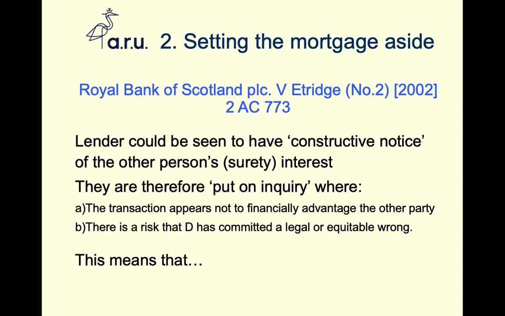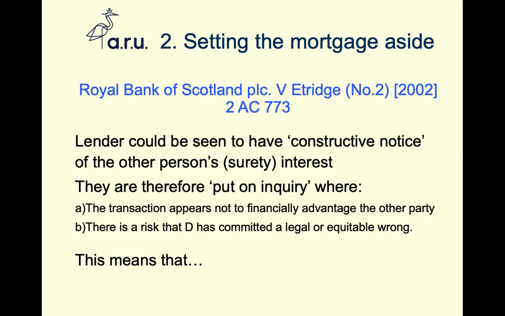Where they see two people needing to sign a mortgage, or more than one party, they are therefore put on what's called inquiry, where it wouldn't financially advantage them and there's a risk that the debtor has committed a legal or an equitable wrong.